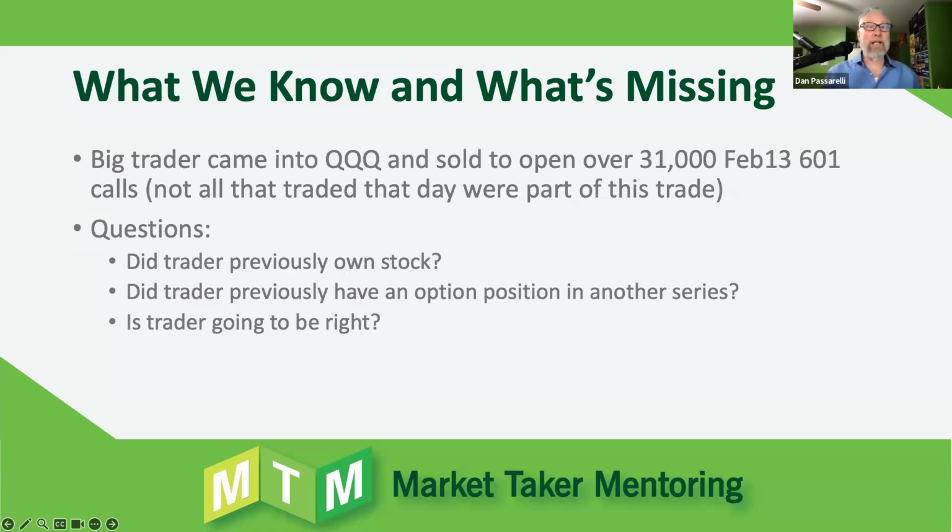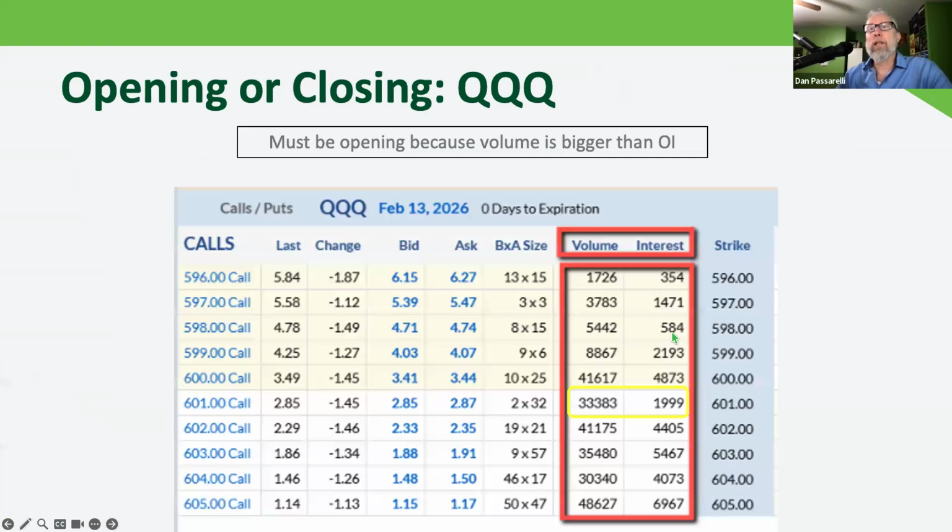Now, one thing we actually didn't talk about just yet is, how do we know that the trader sold these? Look at this. Did this trader sell these calls or buy these calls? We can't tell from this data. Does anyone know how you can tell?